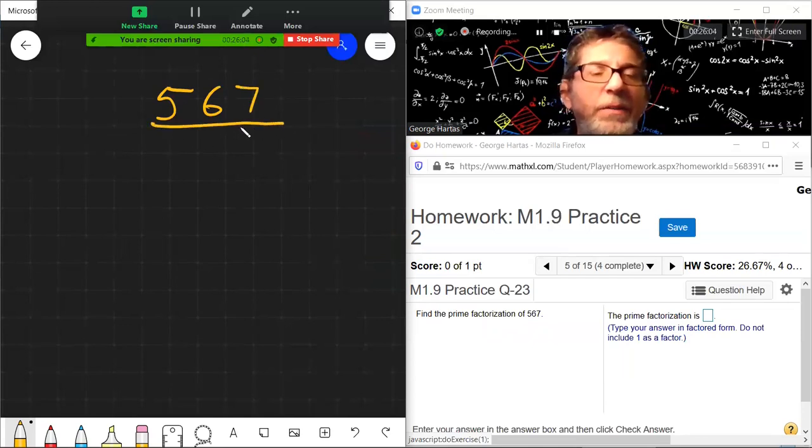What times what is 567? Not a clue. Odd number, all even numbers do not go into it. So let's try the number 3 by adding the digits to get the sum of the digits. 5 plus 6 is 11. 11 plus 7 is 18. And 3 divides into 18 evenly with no remainder. Aha.